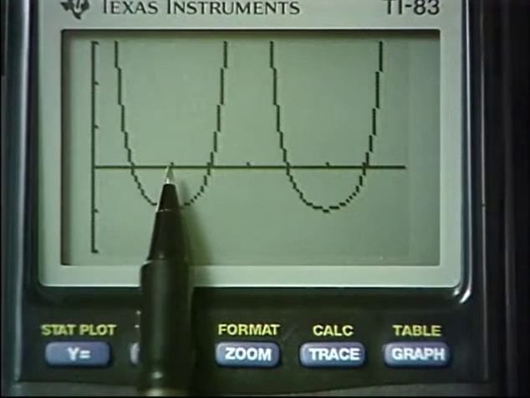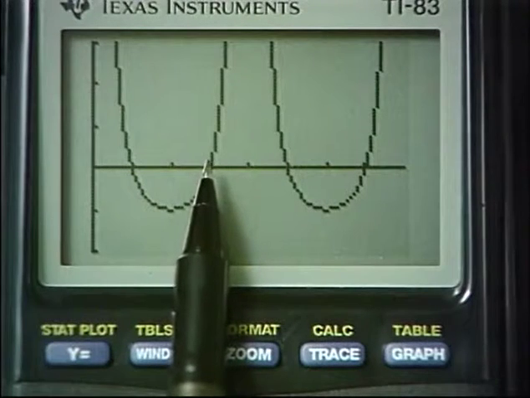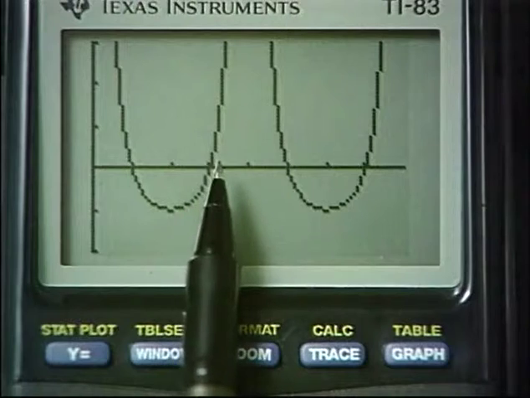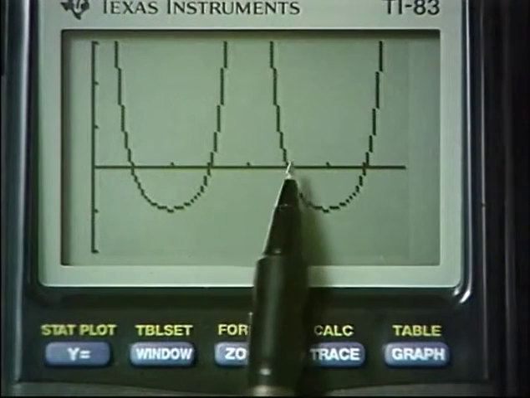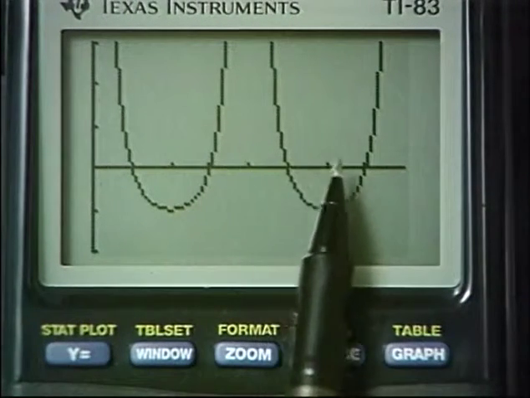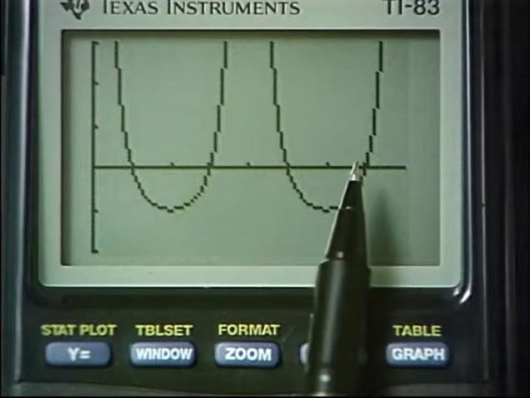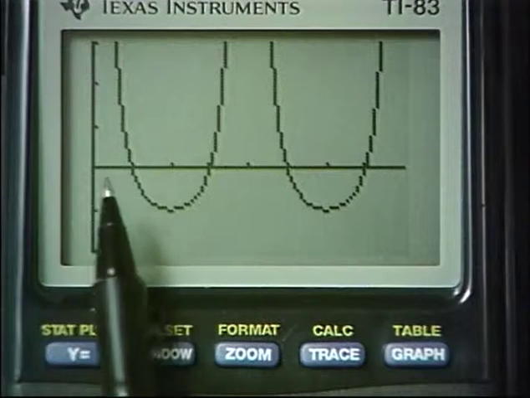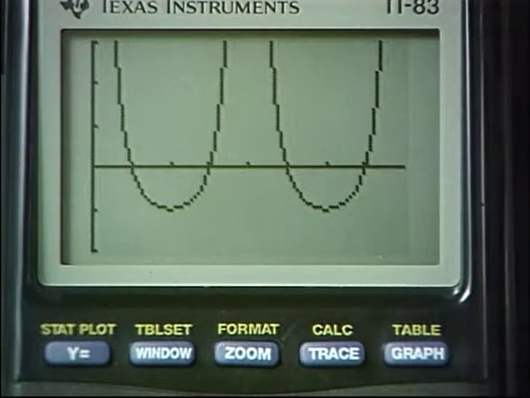Now these two together, pi over 4 and pi over 4, that's 2 pi over 4 or pi over 2. So this is the pi over 2 distance. Here's another distance of pi over 2, another distance of pi over 2, and we would see that that situation continues in either direction if we change our window settings. But here we're just verifying the infinitude of the answers that we got on the board.